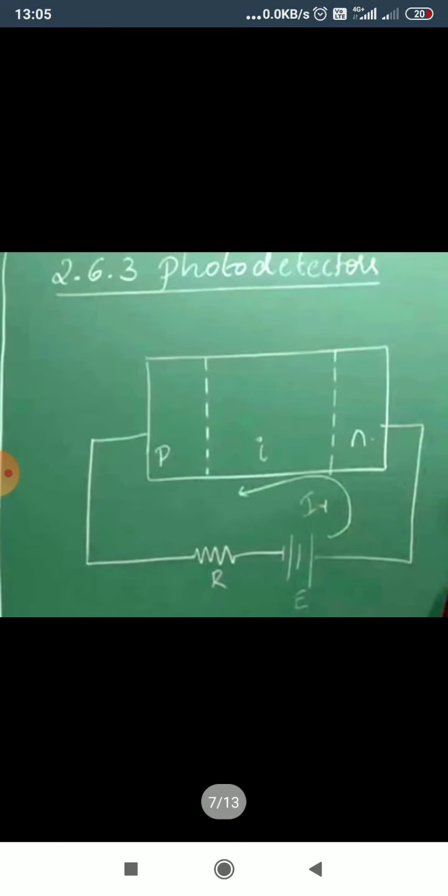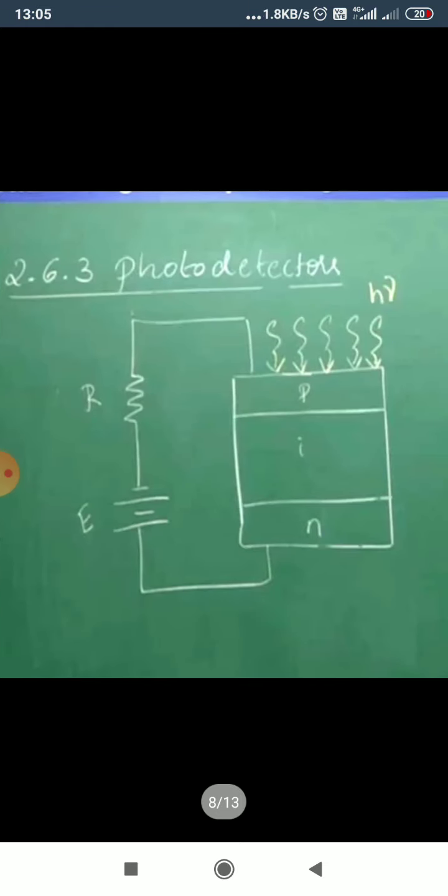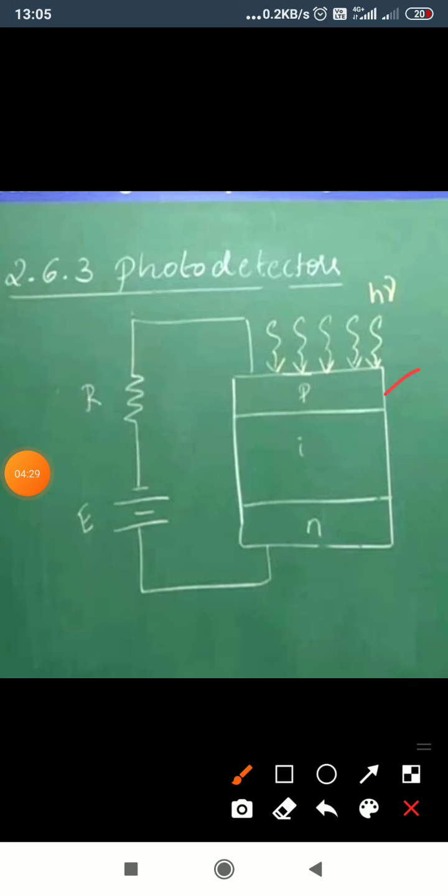The same graph, the same circuit, here it is the reoriented circuit of the previous circuit. The same P region, intrinsic material region, and N region, connected to the reverse bias through this resistor, and the N region is connected to the positive polarity, which is nothing but reverse bias operation.